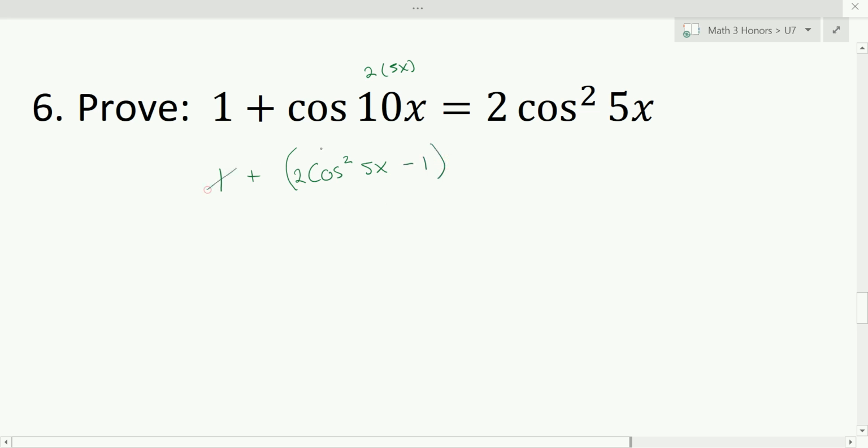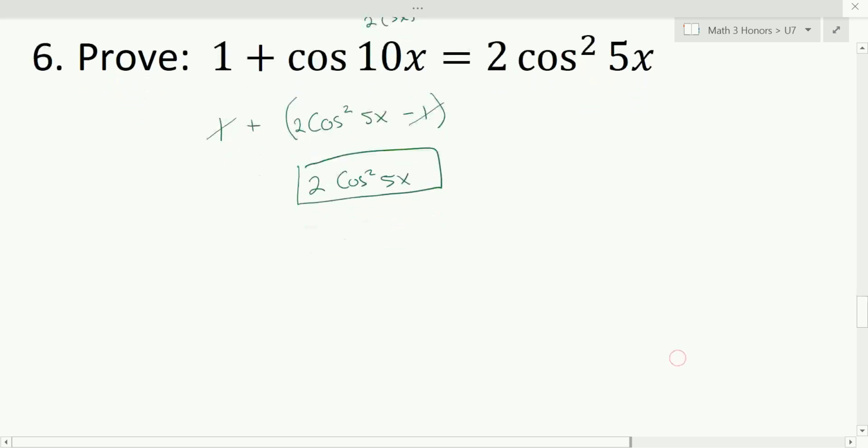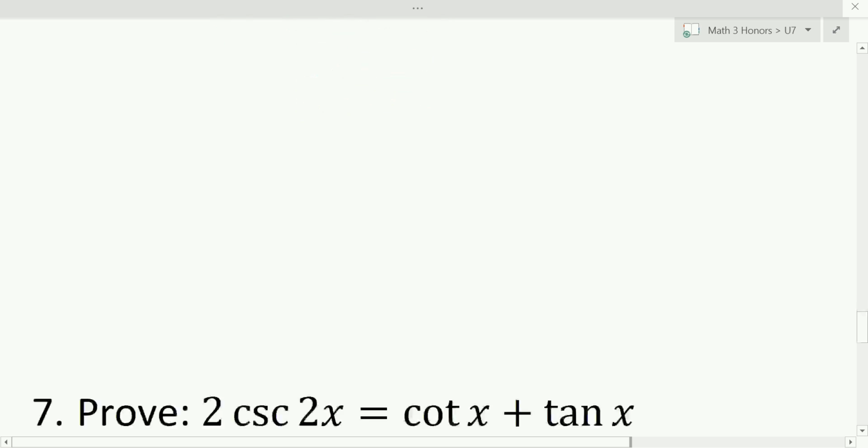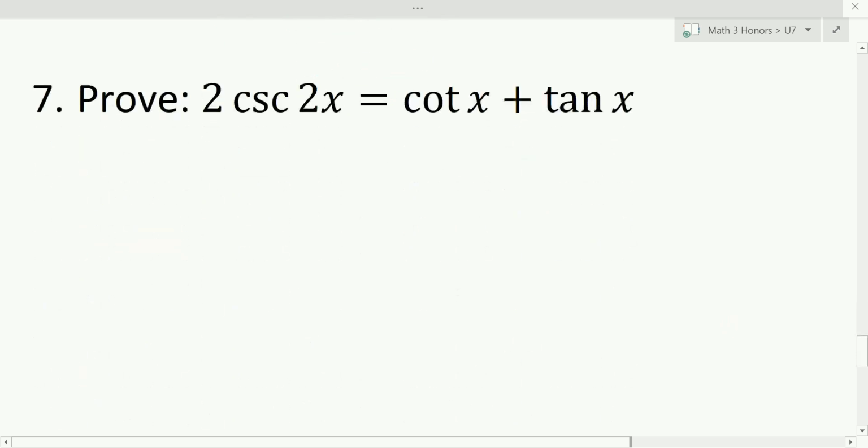And then add the 1 and the negative 1, and you got your answer. All right, there's your little proof. Okay, next one. Try to prove that 2 times cosecant of 2x is equal to cotangent x plus tangent x.